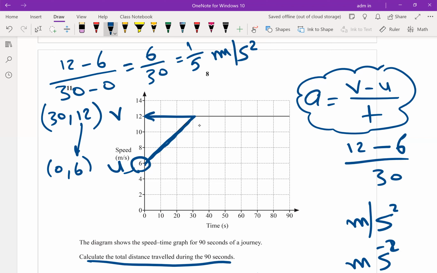You can also find the acceleration by applying this formula: final minus initial over duration time. The final is 12, the initial is 6, the time is from 0 to 30, so the duration is 30.